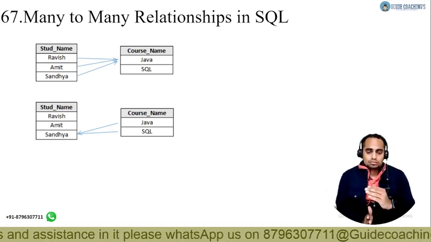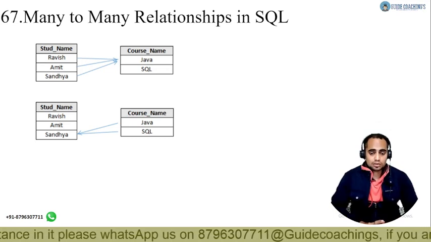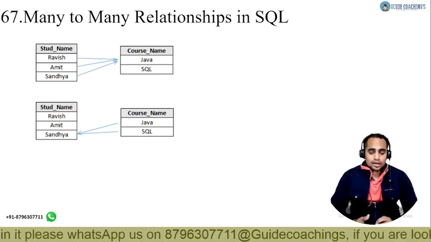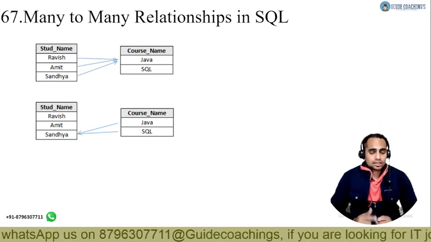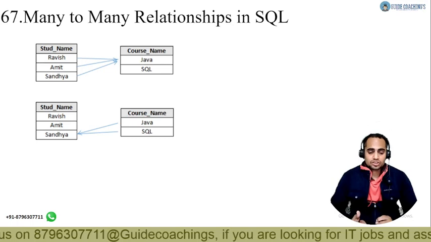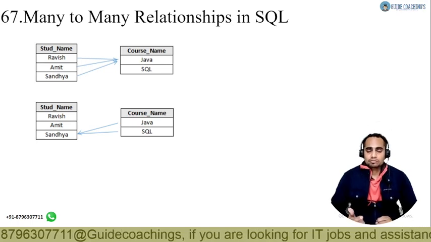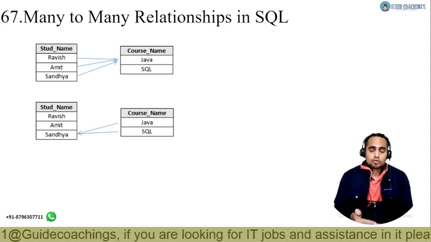If you see the next relationship, Java has Sandhya as a student and SQL has Sandhya as a student. And we can have Java with Sandhya and Amit as well. And in Java we can have all the three students.